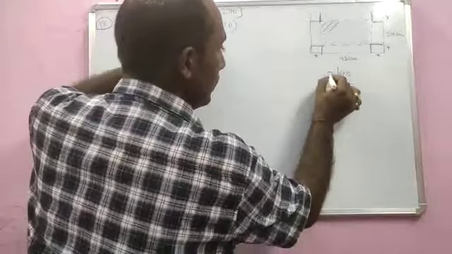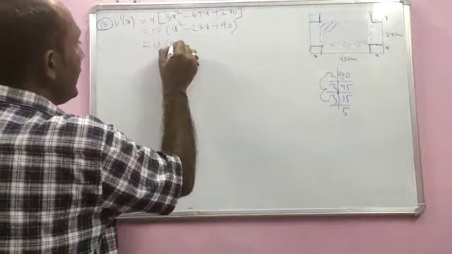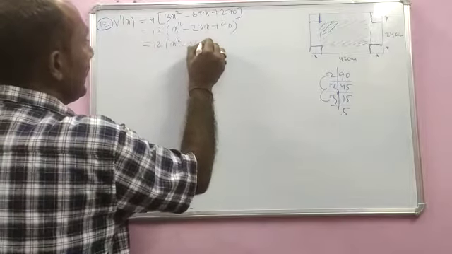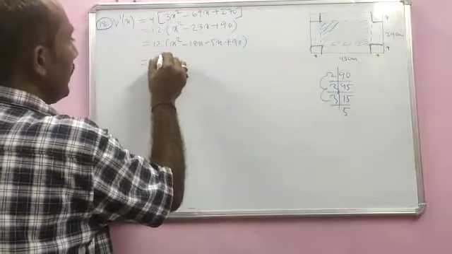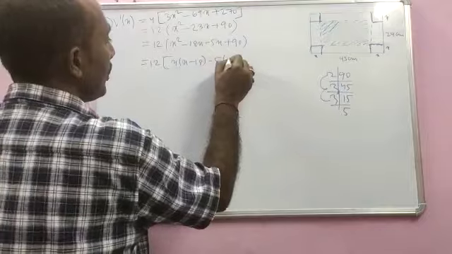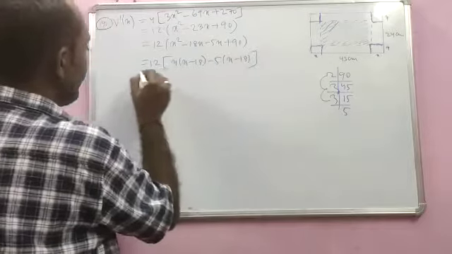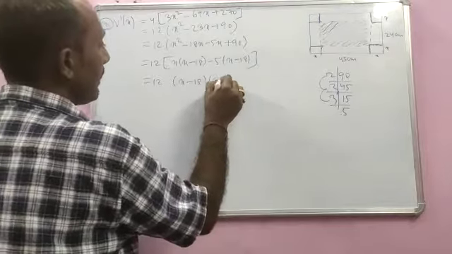So 3 3s are 9, 2 is 18, 18 and 5, that is 23. So we can write it as x square minus 18x minus 5x plus 90. So this becomes 12 times of x common, x minus 18, minus 5 common, x minus 18. So this becomes 12 times of (x minus 18) into (x minus 5).